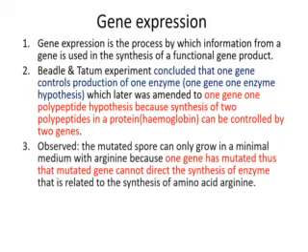So the mutated gene cannot direct the synthesis of the enzyme that is related to the synthesis of the amino acid arginine. Can you get what I mean? Meaning to say, the mutated Neurospora, by right, can grow on minimal medium. I will explain further on that later.